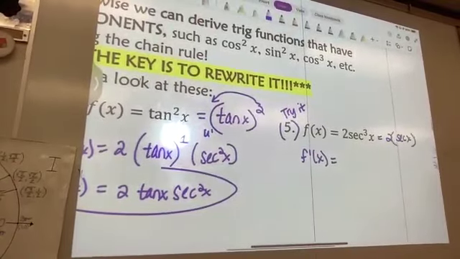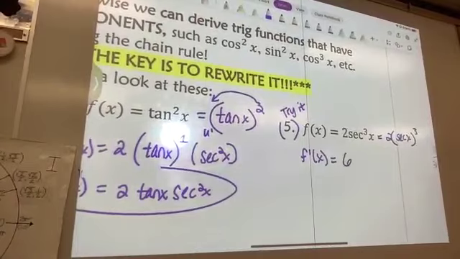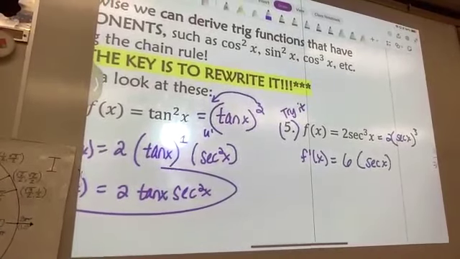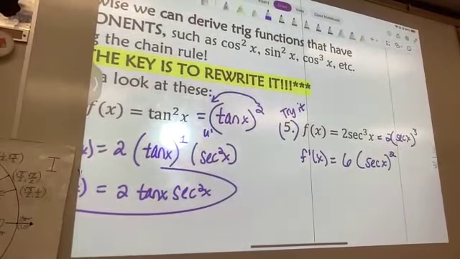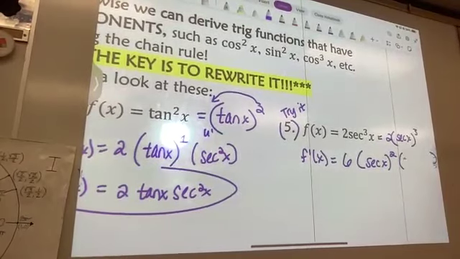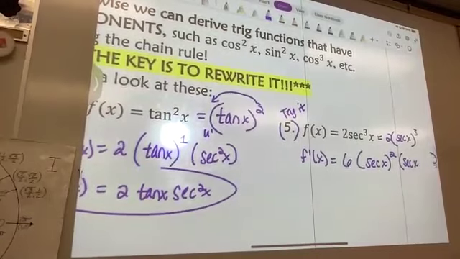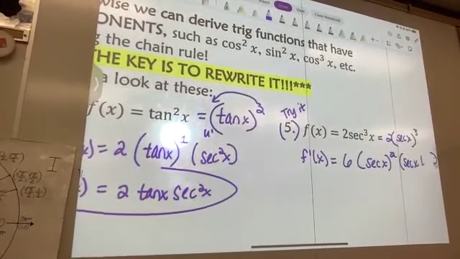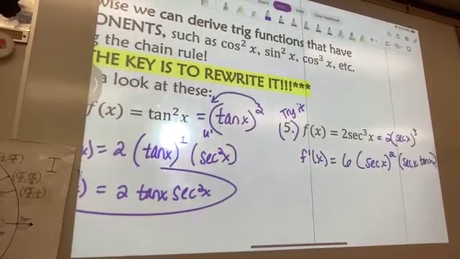Rewrite it. Bring your power in front. Keep it the same. Reduce the power by 1. What's the derivative of secant x? Secant tangent, right? Secant x, tangent x. You can see on your derivative card if you need it.